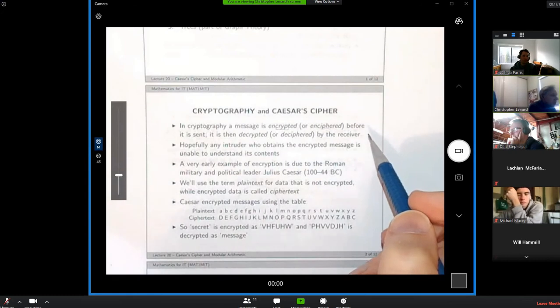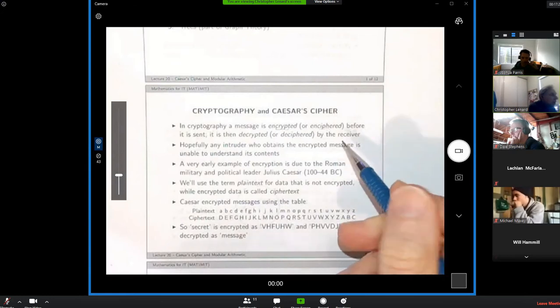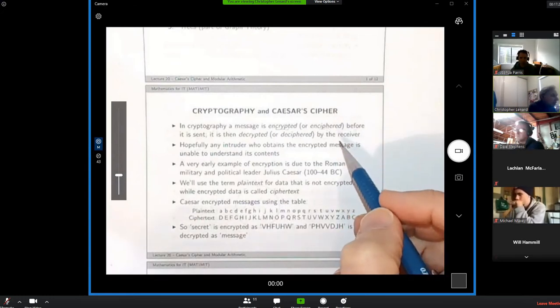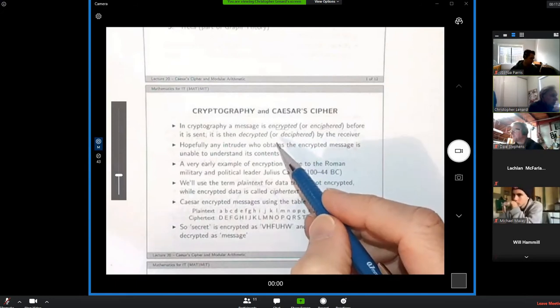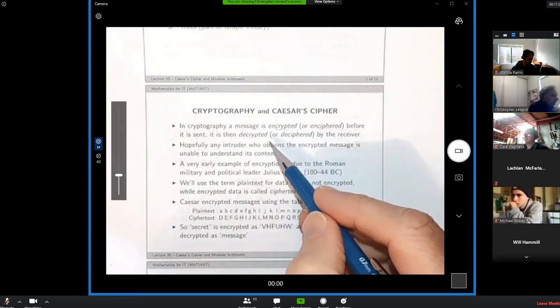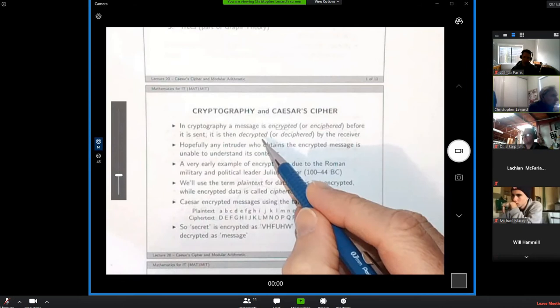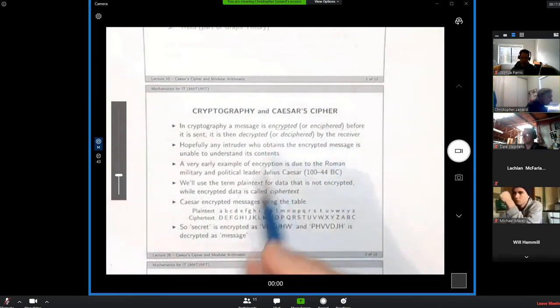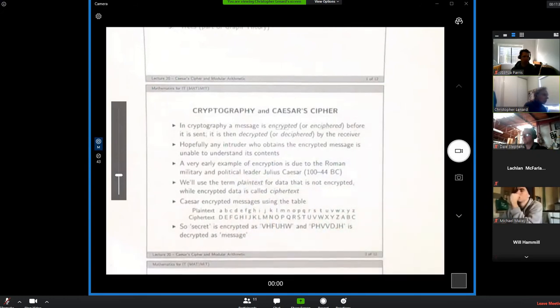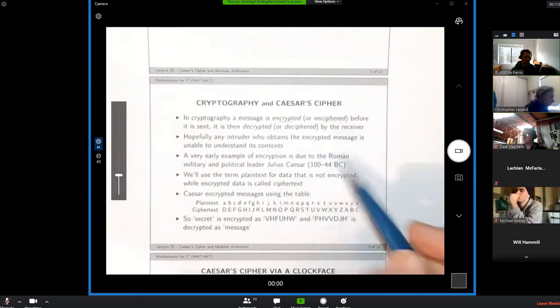You encrypt it in such a way that no other third party can read it. And then the receiver receives the encrypted message and then decrypts or deciphers it. So any intruder who looks on can't read it.